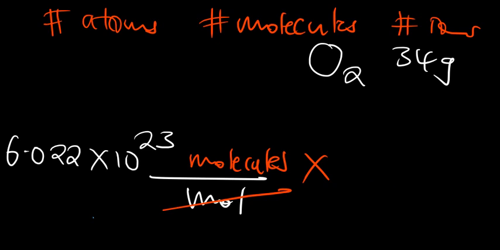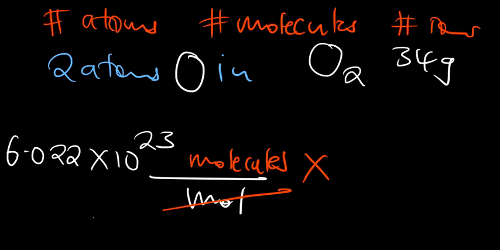So there are 2 oxygen atoms in one molecule of what? Oxygen. Okay, so we have 2 atoms in one oxygen molecule. So if we're going to determine the number of atoms, it will be different.